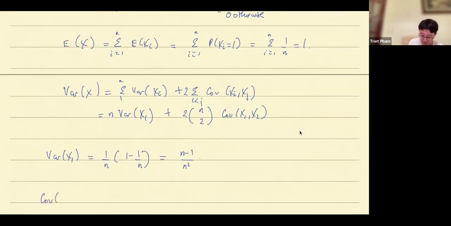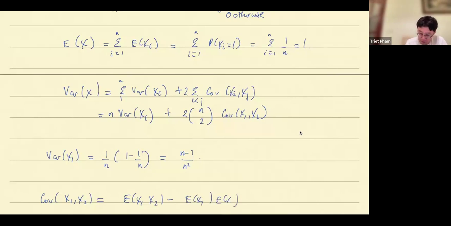What about the covariance term? Well, it's the expectation of the product minus the product of the expectations.